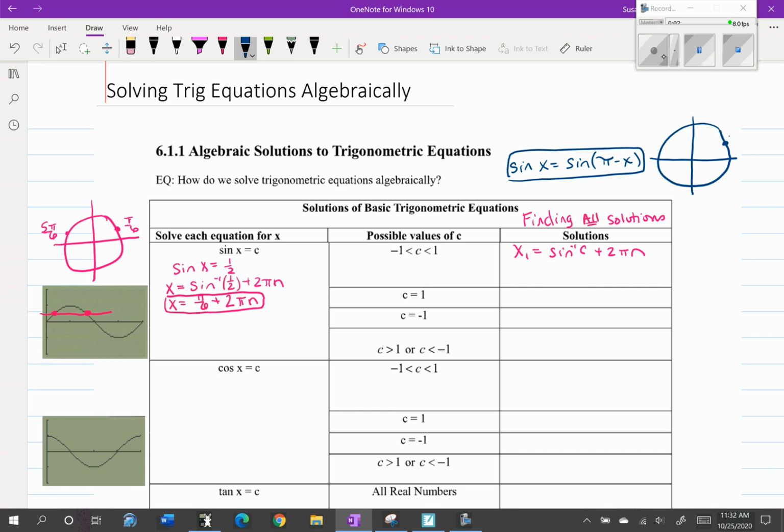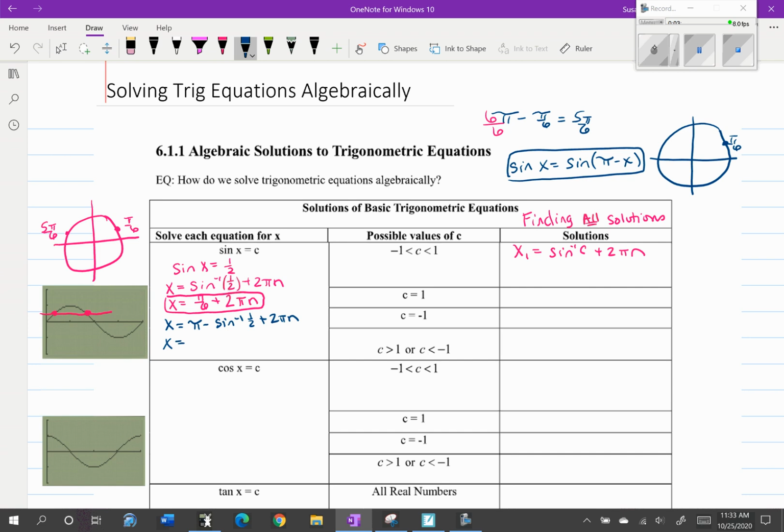So if I were to look at pi over 6, if I do pi minus pi over 6, I get a common denominator, which means I would multiply this by 6 over 6. So 6 pi over 6 minus pi over 6, notice that gives me 5 pi over 6 because it's an identity. So to get the second solution, we can actually do x is equal to pi minus the sine inverse of 1/2 plus 2 pi n, because that's all our coterminal answers.